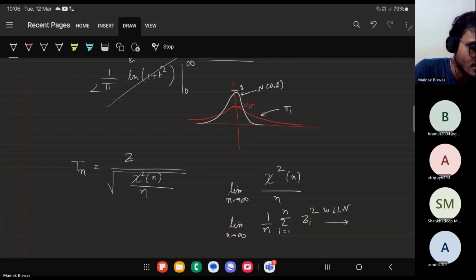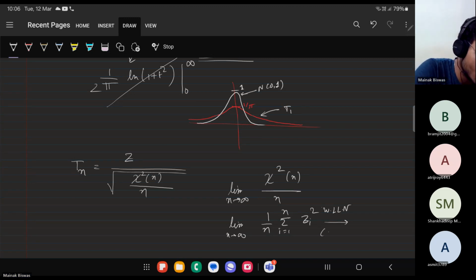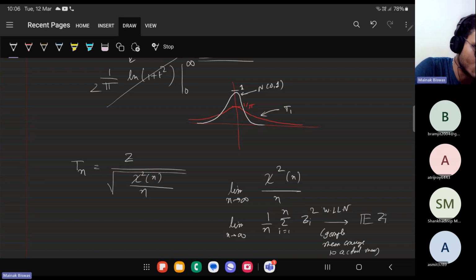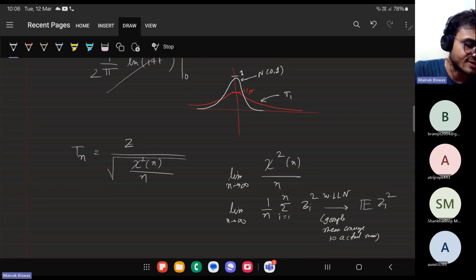That sample mean will converge to actual mean. Sample mean converges to actual mean. In weak law of large numbers, we showed. So what is the actual mean? Expected value of Z1 squared. Yes or no? Right? Yes. What is expected value of Z1 squared?